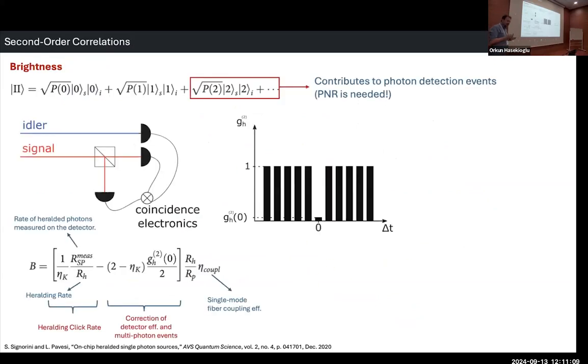Then you get to the brightness part. Well, brightness is not an easily defined parameter, but in the literature, what we do is measure your heralding efficiency, then normalize it with the anti-bunching behavior.